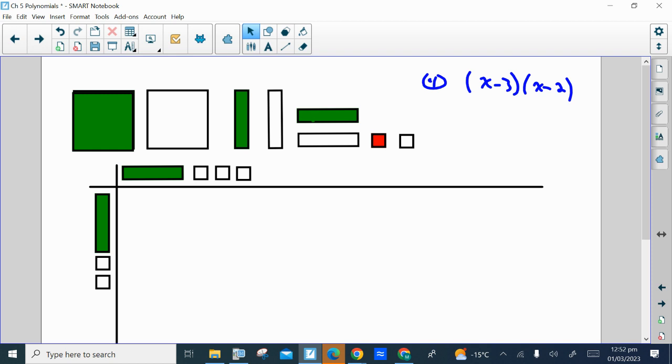So now we're going to fill in all the spaces with tiles that have the same width as what's above, the same height as what's to the side.